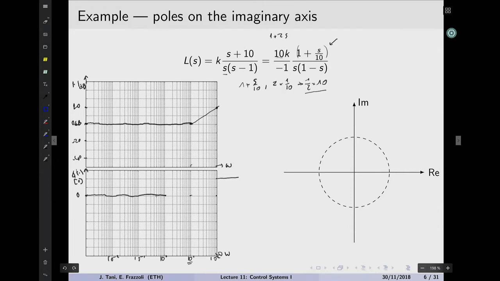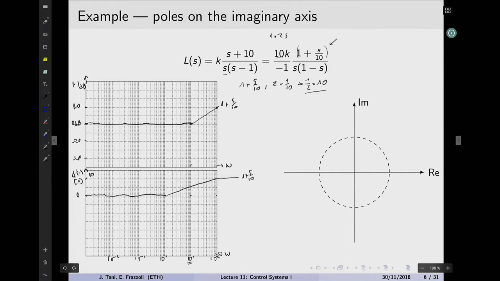And then at 1 decade before and 1 decade after, we have this linear behavior, and this is 90 degrees, correct? Actually, just so that we don't forget, this is 1 plus s tenths.